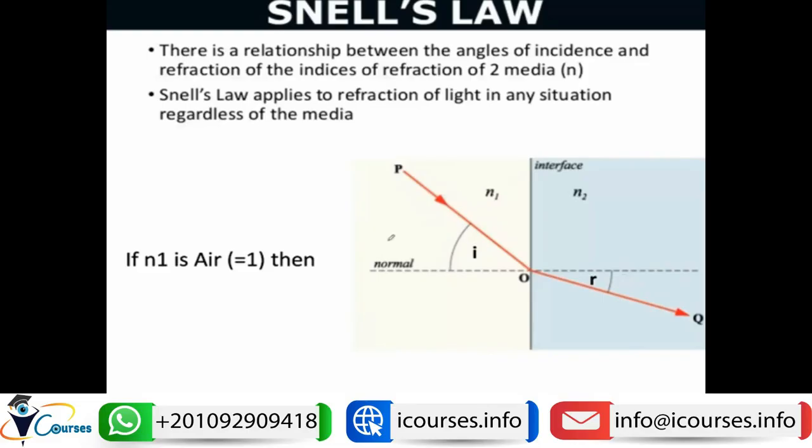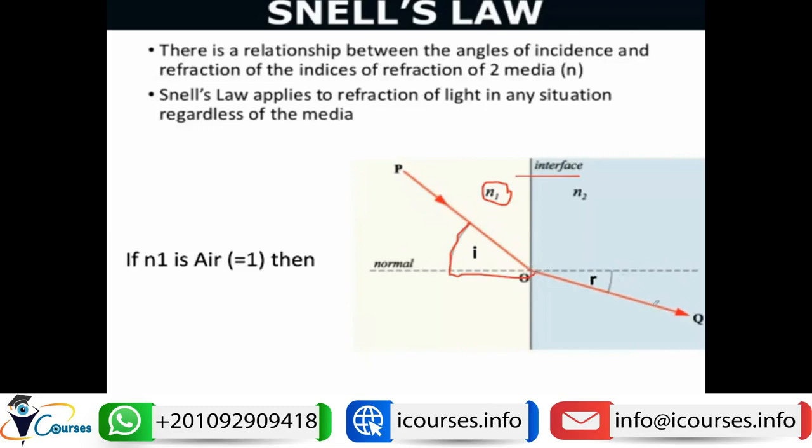Snell's law applies to refraction of light in any situation regardless of the medium. For example, if we have a medium with a refractive index called N1, and the incident light ray falls from medium number 1 onto the interface, this will be the angle of incidence.